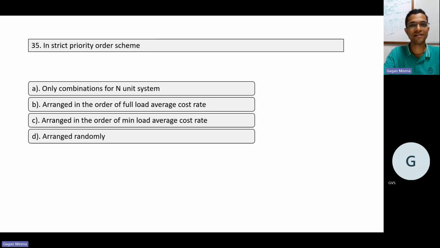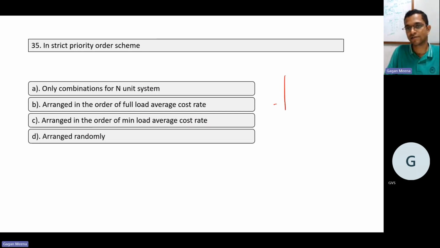As the demand keeps reducing, units go off one by one. So the options here are only the combinations for an n unit system, arranged in the order of full load average cost rate, or arranged in the order of minimum load average cost rate, or arranged randomly.